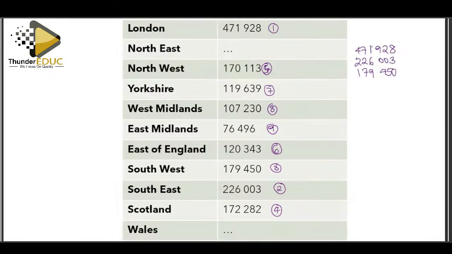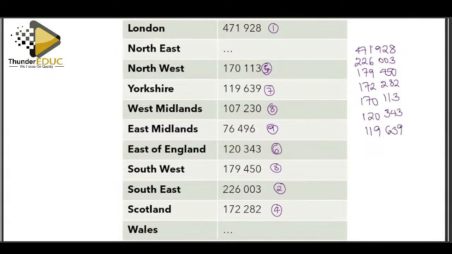Then number 4, it's 172. Remember, we are arranging from big to small. Number 5, it's 107,113. Then number 6 is 120,343. Number 7 is 119,639.